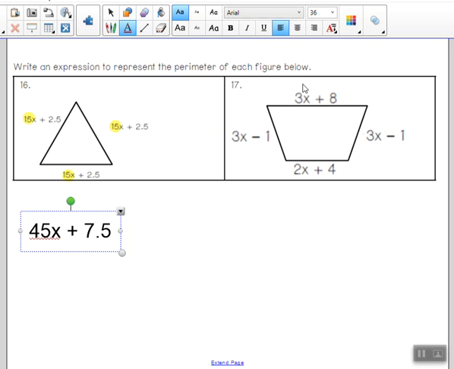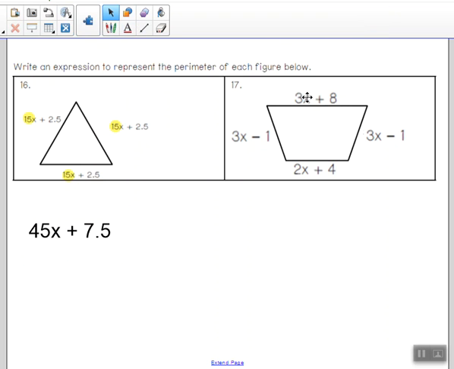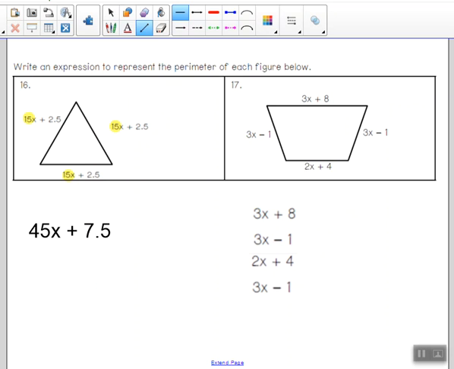Now, if I look over here, this one's a little trickier because there's some adding of constants and some subtracting of constants. Now, I'm going to show this one a little bit differently. What I want you to see here is that if I think about each of these side lengths, again, for the perimeter, you're adding the 4 sides together. So if I think of these as an addition problem, you can think of it almost like adding things top to bottom.